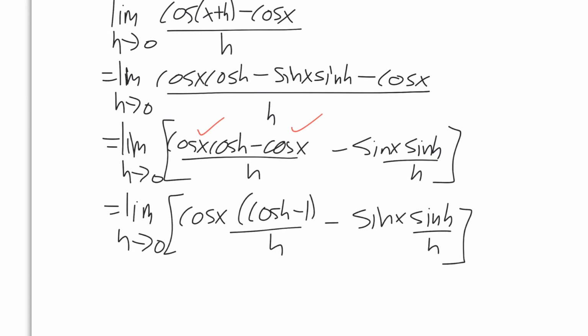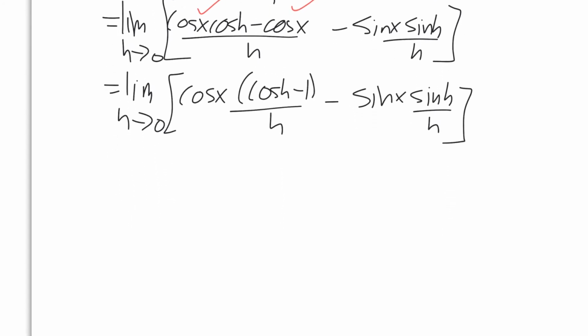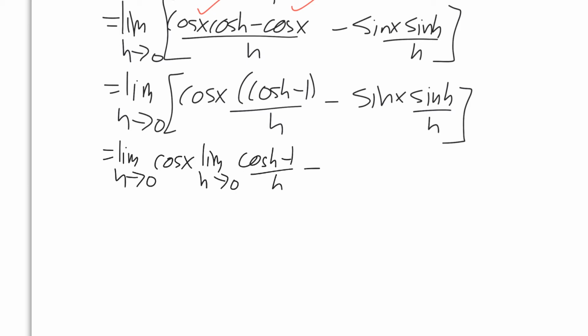Again, we know our limit laws. We can go ahead and apply limits to each one of these. So we're going to have limit as h approaches 0 of cos x, times the limit as h approaches 0 of (cos h minus 1) over h, minus the limit of sine x times the limit as h approaches 0 of sine h over h.